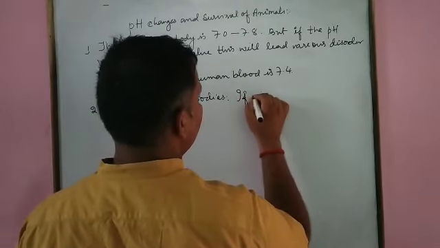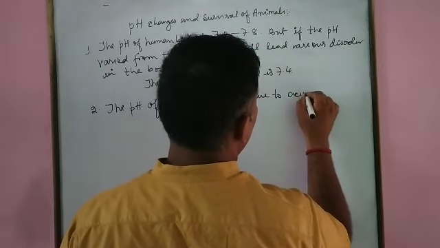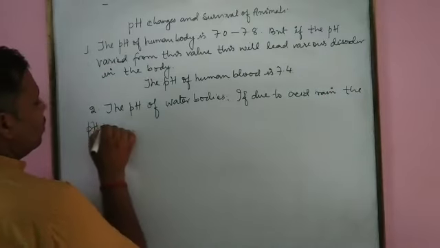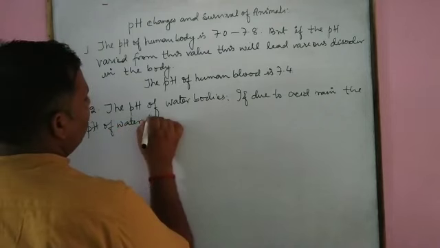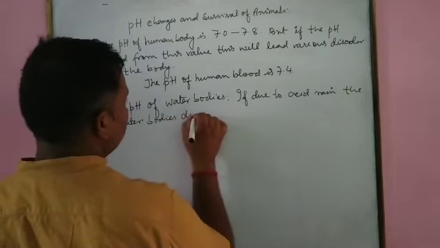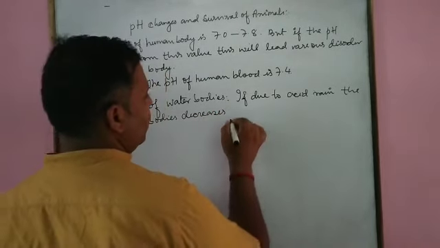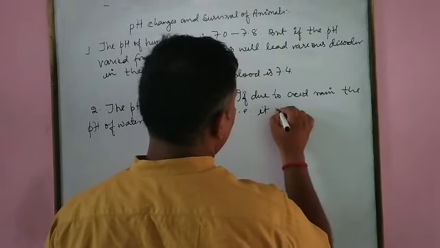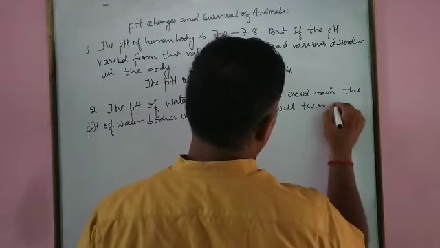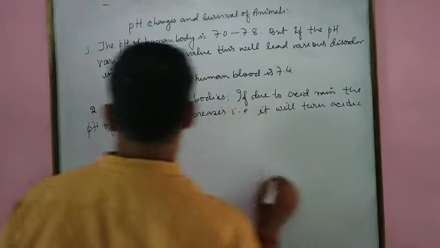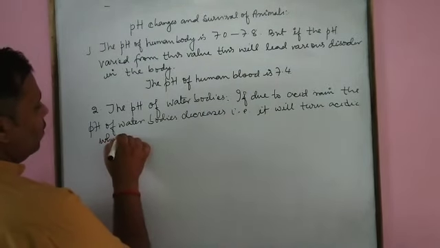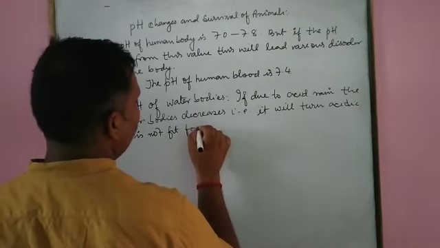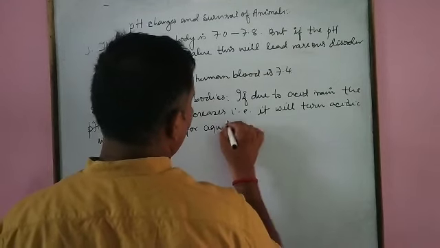If due to acid rain, the pH of water bodies decreases, it means it will turn acidic, which is not fit for aquatic life forms.